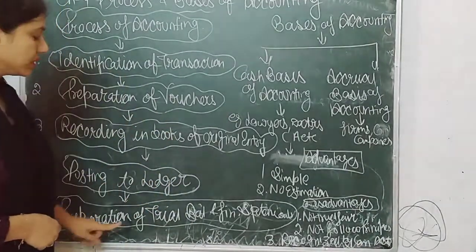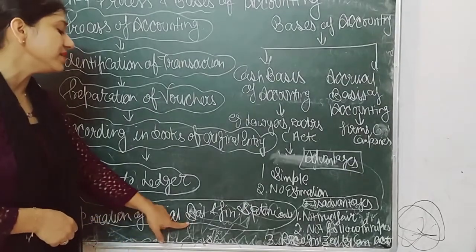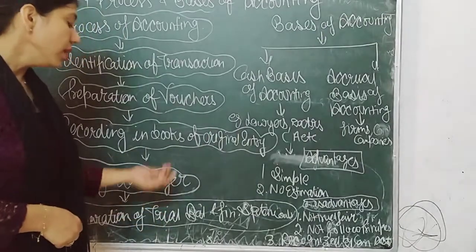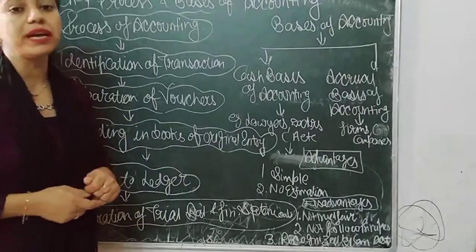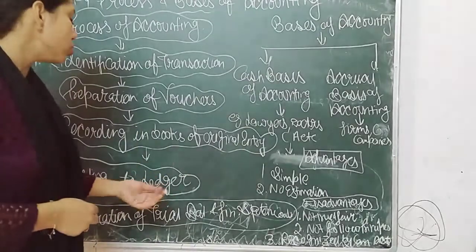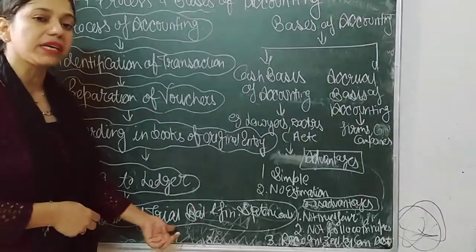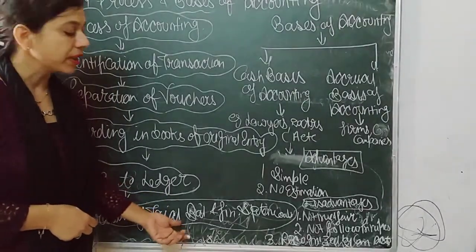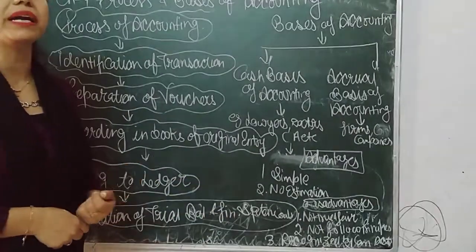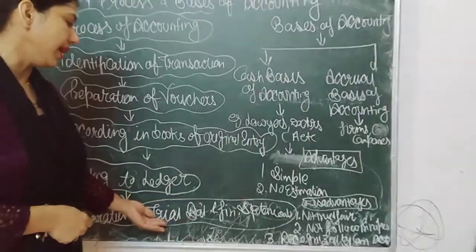the last and final step is the preparation of trial balance and financial statements. We also want to check whether our accountancy system is right or not, so for this we prepare a statement called trial balance. Trial balance is prepared to show the arithmetical accuracy of the accounts.